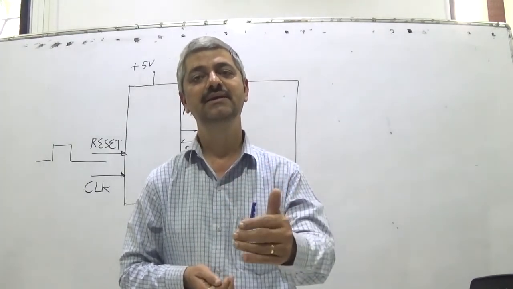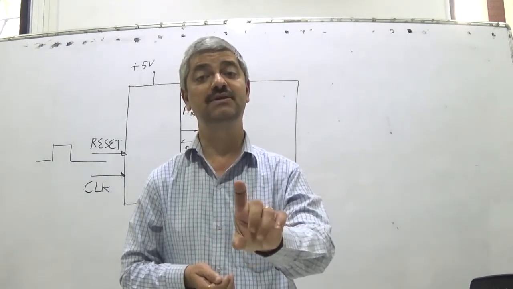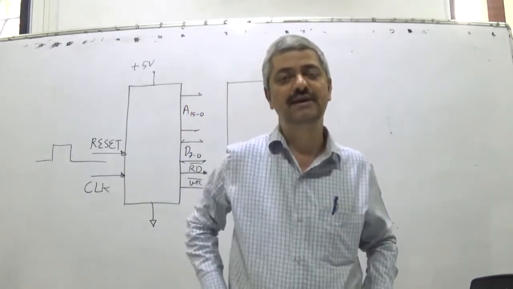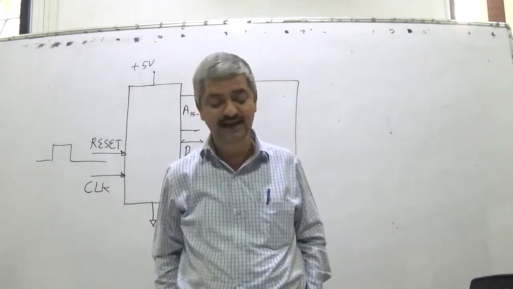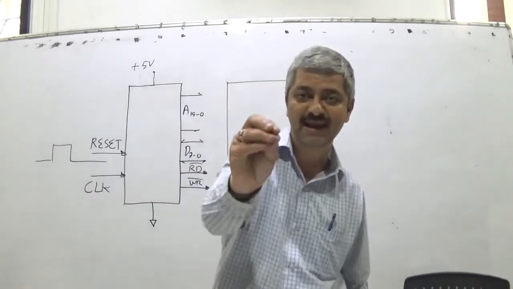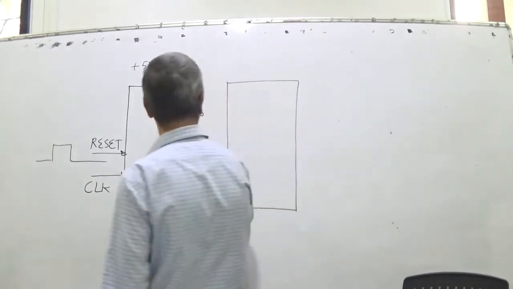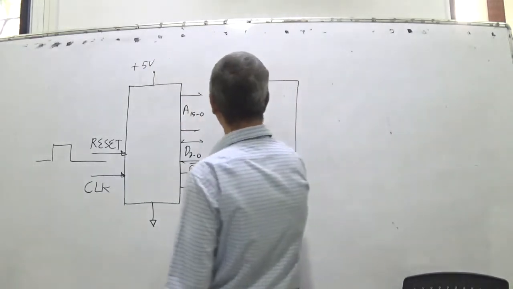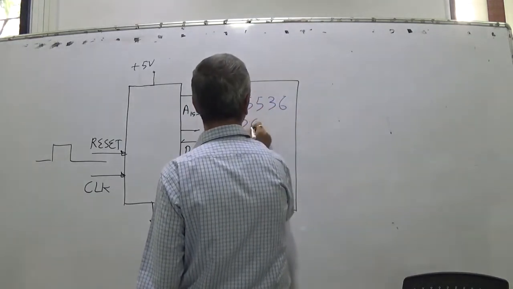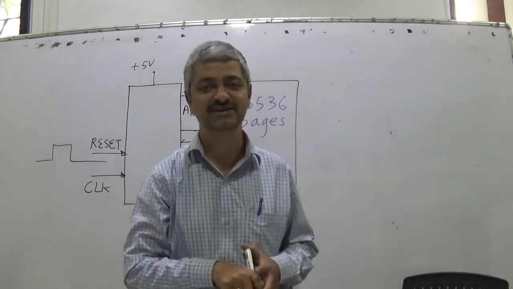The memory is just like a notebook. I am trying my level best to make it as simple as possible. On every page of the notebook, how many bytes of data are there? How many data lines are there? 8 data lines. So the microprocessor is going to access this memory, which has 65,536 pages.